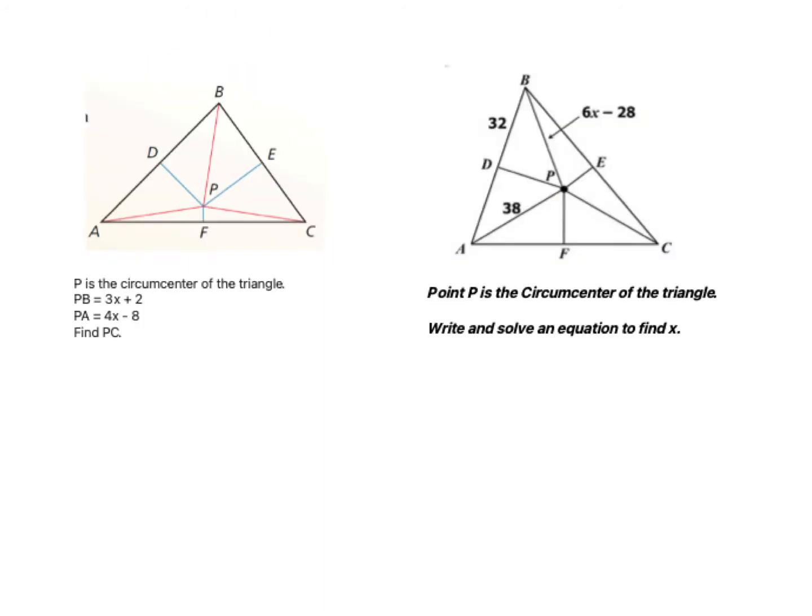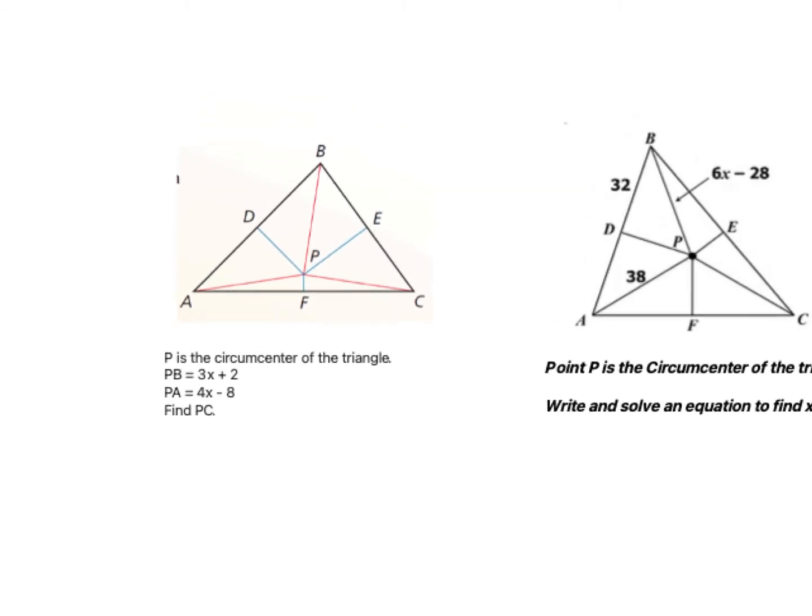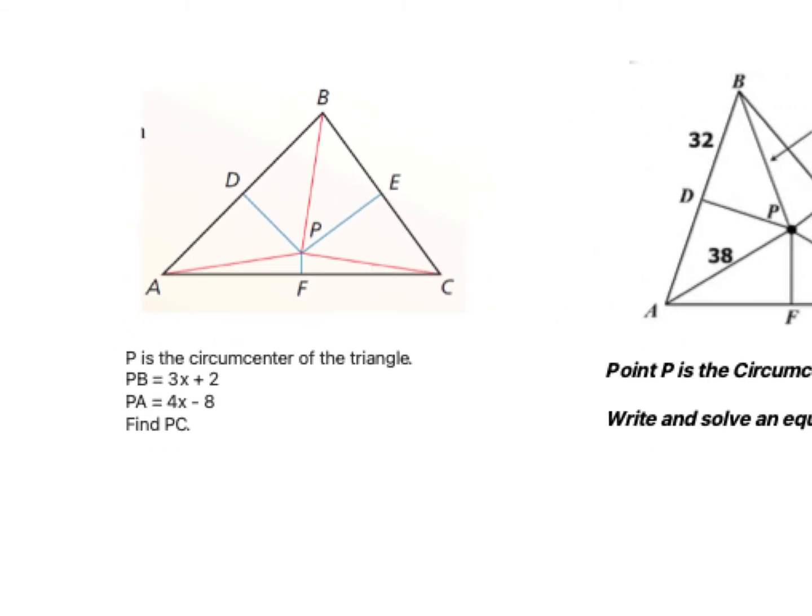Okay, so let's take a couple of looks at what that might look like. It says P is the circumcenter. We just said on the previous slide that this is an acute triangle, so P is on the inside of the triangle. And point P is the same distance from all three of the corners, so all three of these red lines are going to be the same length.